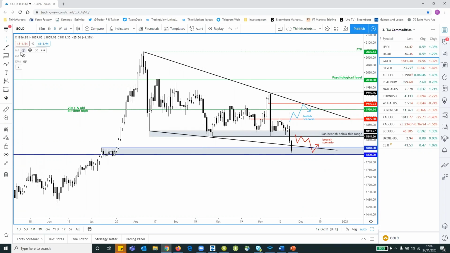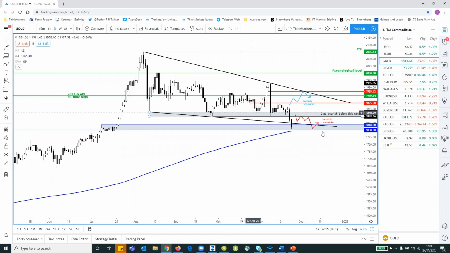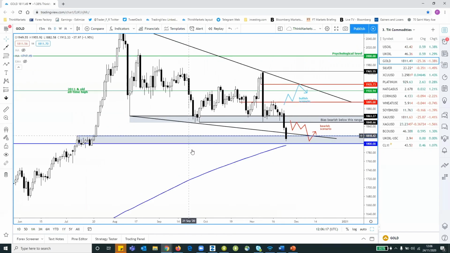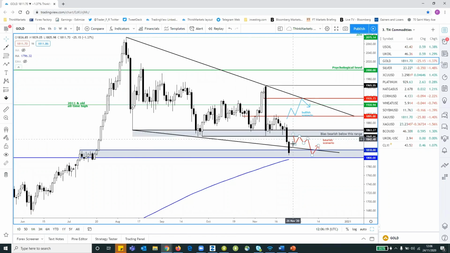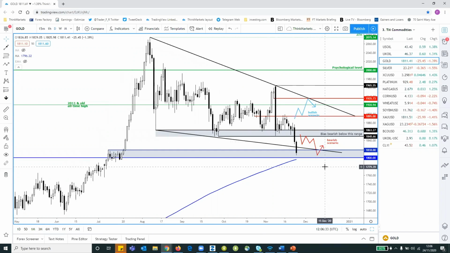So gold has now broken below its key short-term support range and dropped to where we thought it would, between 1800 and 1818, where we think there's a small possibility we may see a bounce, but ultimately the trend has turned bearish for the time being.